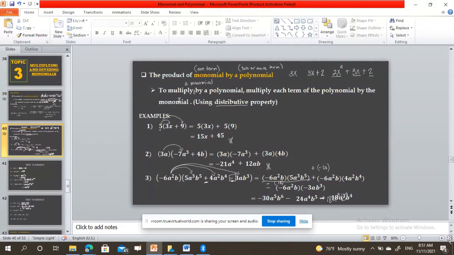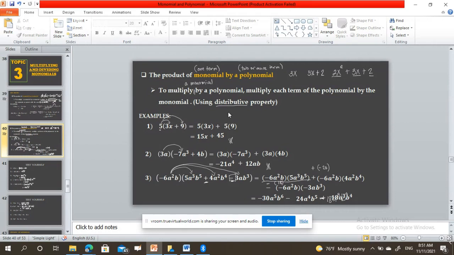To multiply a monomial by a polynomial, multiply each term of the polynomial by the monomial using the distributive property.